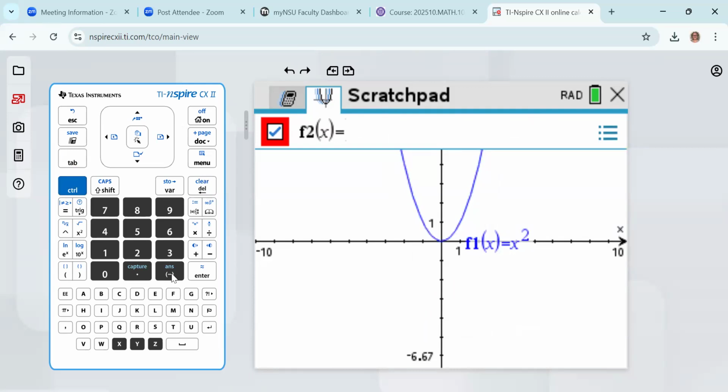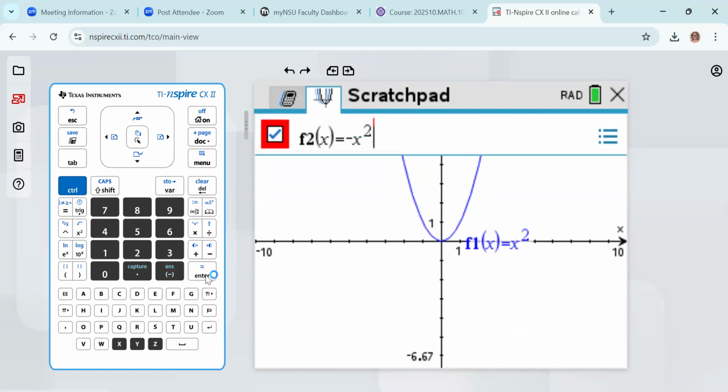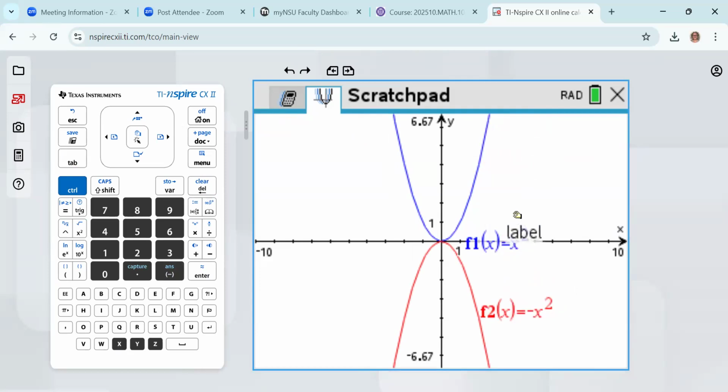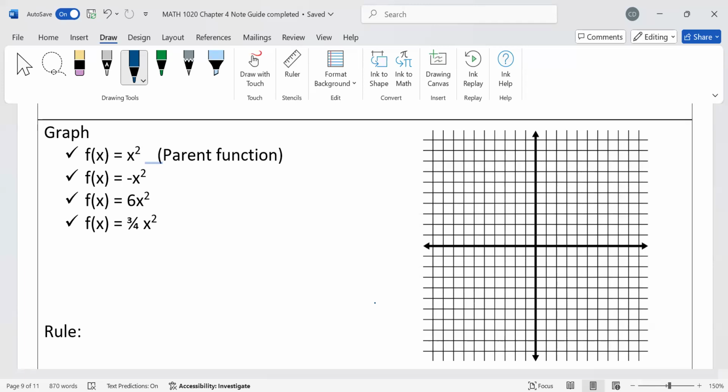So this one, I want a negative x squared, and let's see what that does. Move these so the labels make more sense. All right, so x squared opens up, negative x squared opens down. So you could say it flips it down. It's called an x-axis reflection.